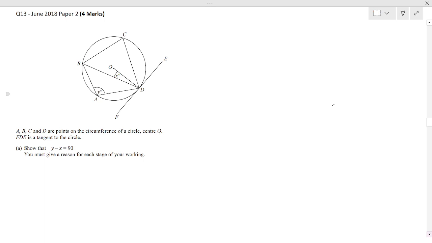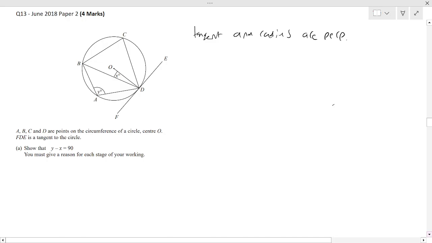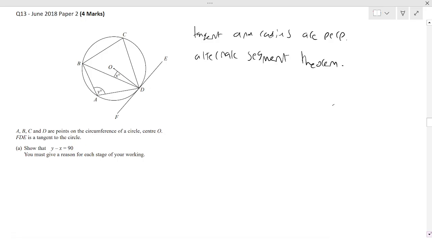Well, we're given a tangent, so that screams either tangent and radius are perpendicular, or the alternate segment theorem. There's really only two things you can use with the tangent, I believe. The two main ones, anyway. So what can we use first?